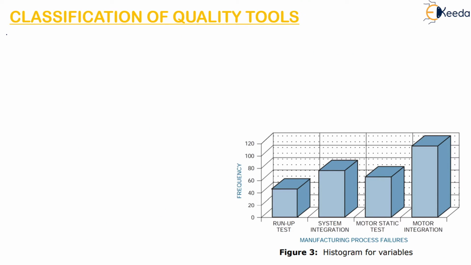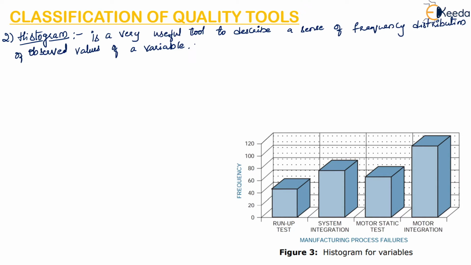The next one is the histogram. So histogram is a very useful tool to describe a sense of frequency distribution of observed values of a variable.